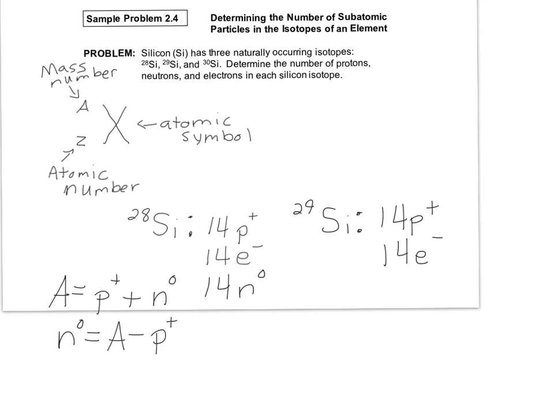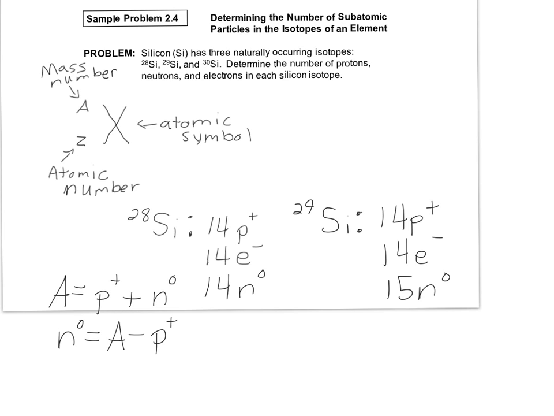As far as the neutrons are concerned, we're going to say 29 minus 14 this time, and we're going to have 15 neutrons. That's always the case whenever we're talking about isotopes. The number of protons and electrons are not going to change. The one that changes is the number of neutrons, so that's the one that adds mass to these different isotopes of all of these elements.